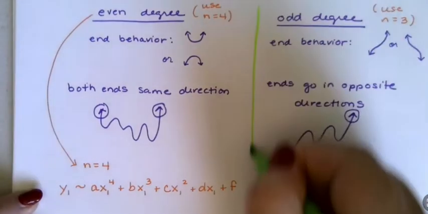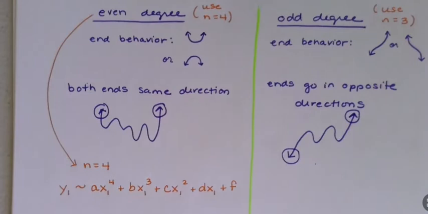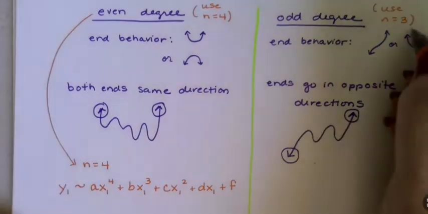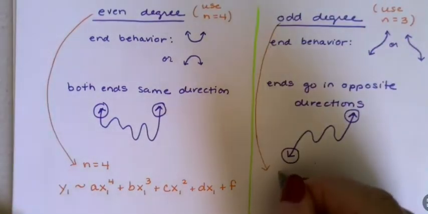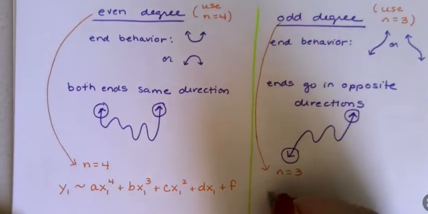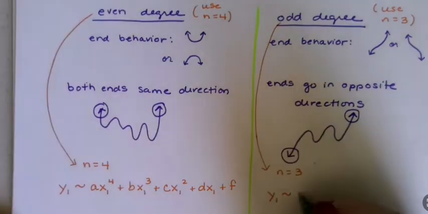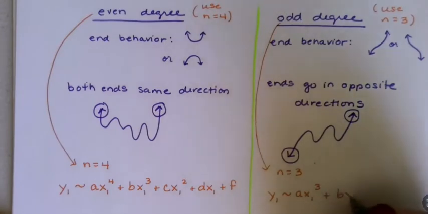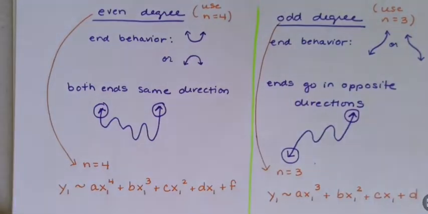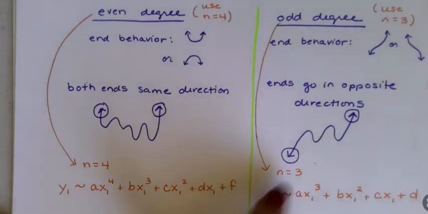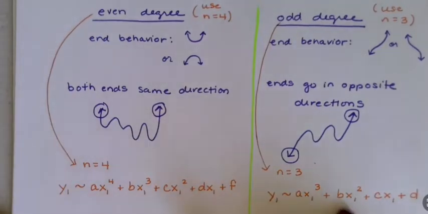If we have an odd degree, so we end up wanting to use an n of 3, then we would use y1 is ax1 to the third plus bx1 squared plus cx1 plus d. Right? Whatever your highest power is, you just have a term for all of the powers on down to the constant. Right?